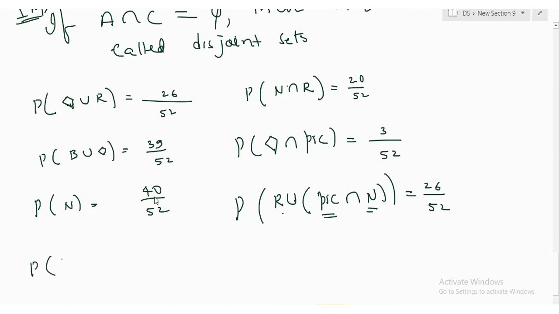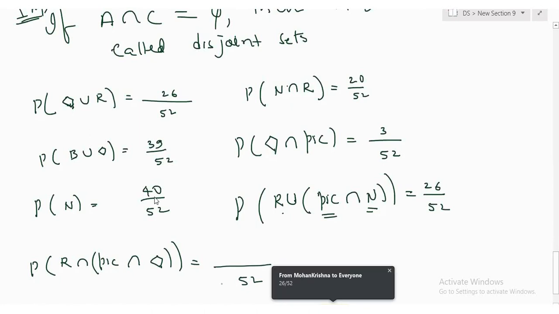Let's make it probability of red intersection picture intersection diamond. What is this, guys? There are pictures which are diamonds.